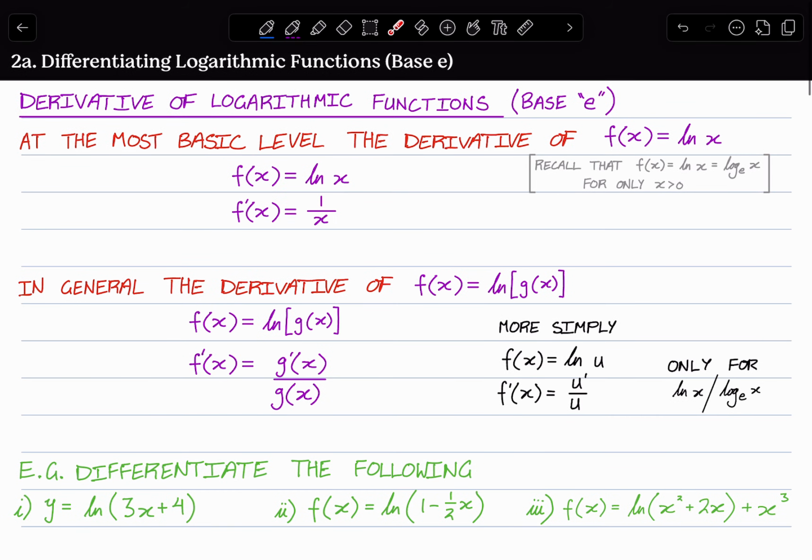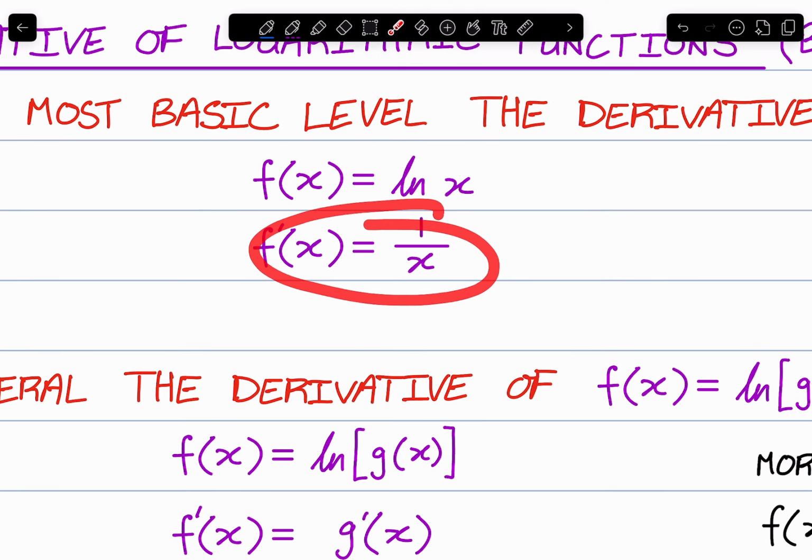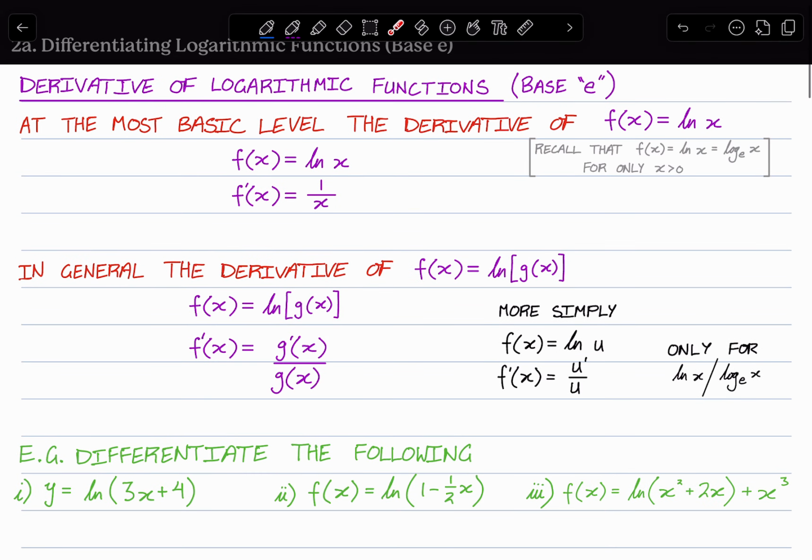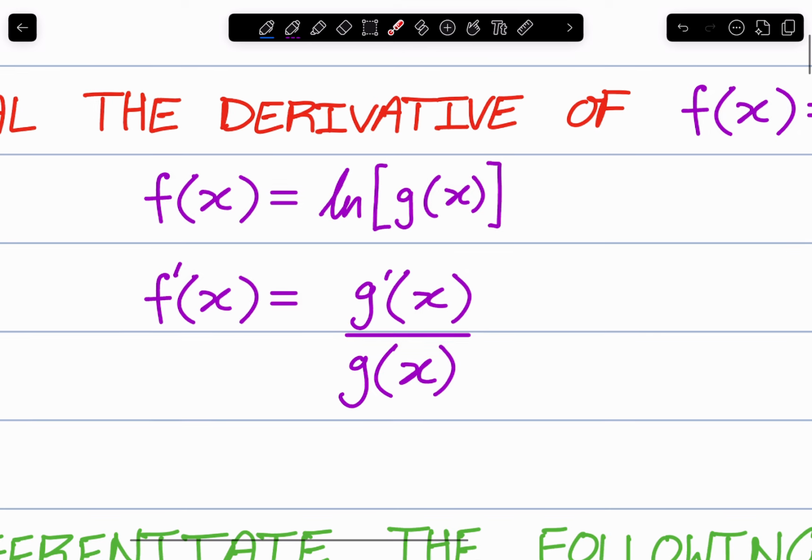So now at the most basic level, the derivative of f of x equals ln of x is 1 over x. But in general, if it were, say, ln of g of x, its derivative is the derivative of the inside of the function over the original function on the inside.